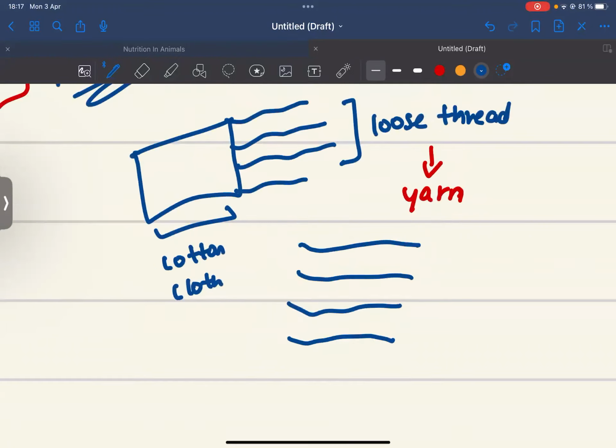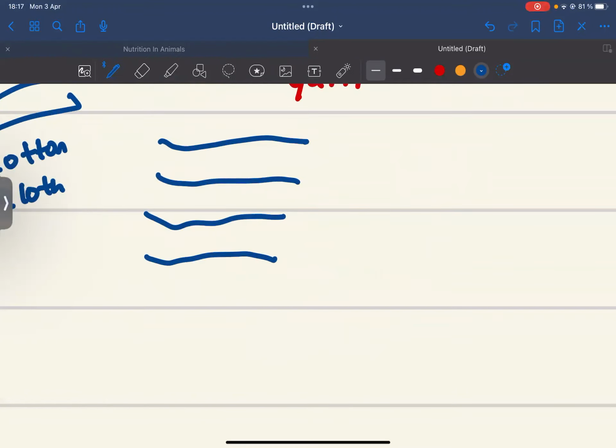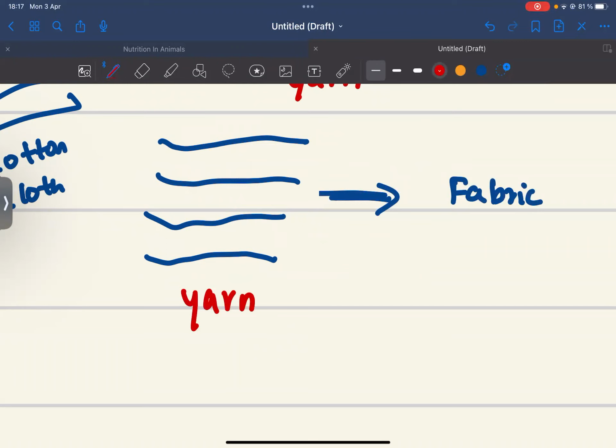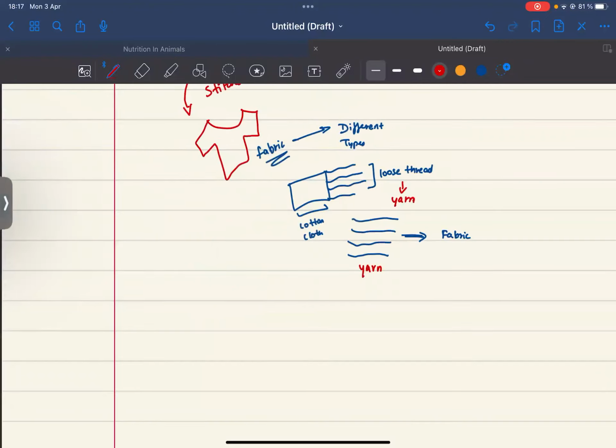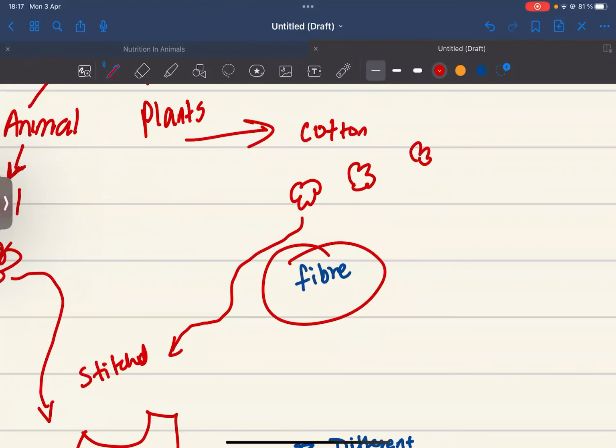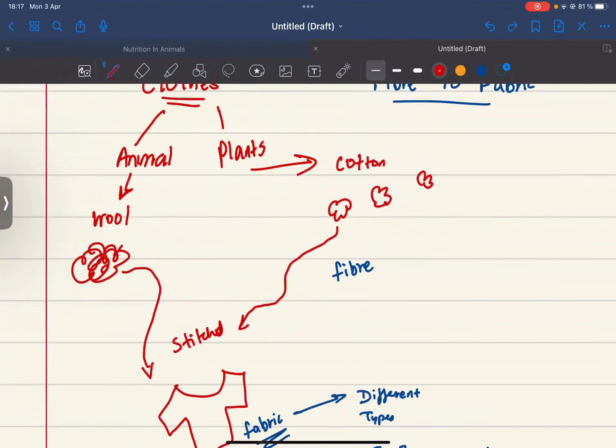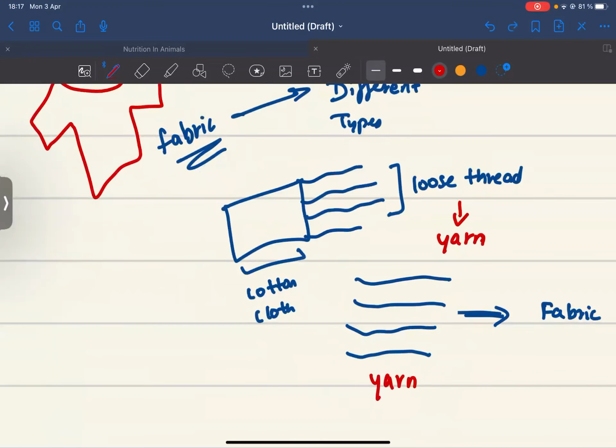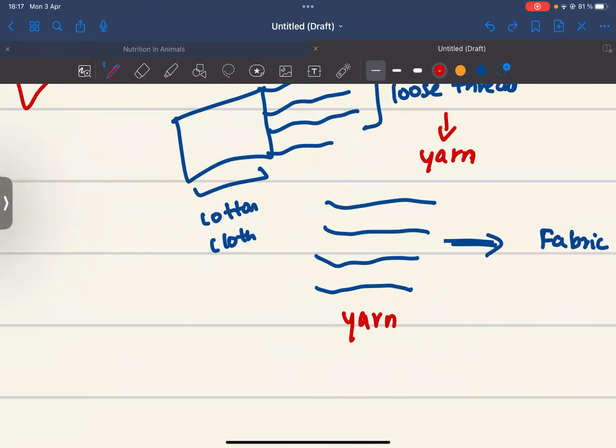So basically, a yarn plus yarn plus yarn plus all yarns together will give you a fabric. So fabric can be made only by combining a large number of the basic materials, that is your fiber. You cannot just take a single fiber and make it a cloth.